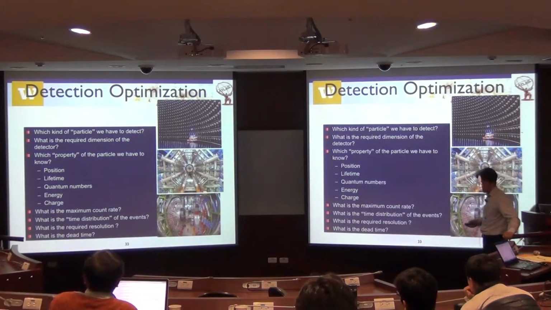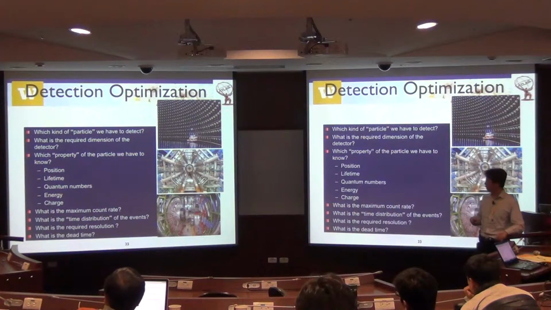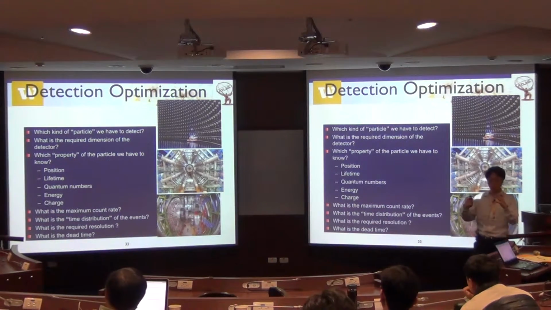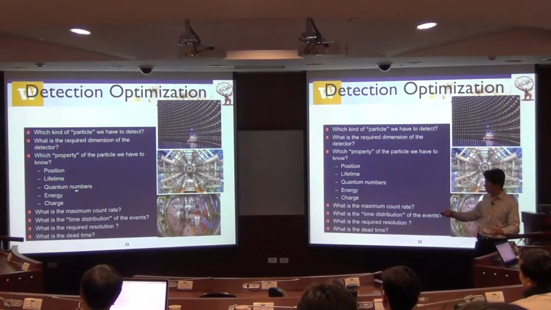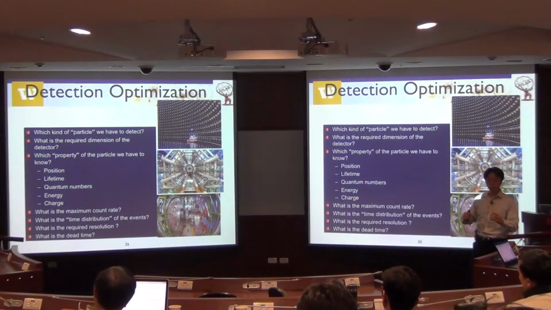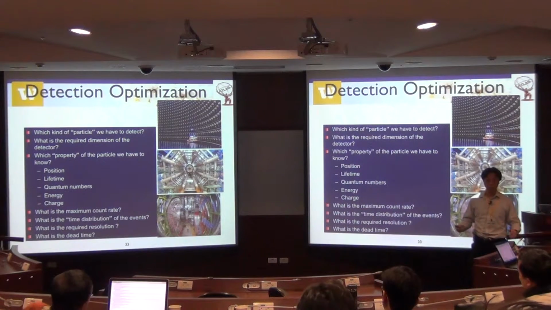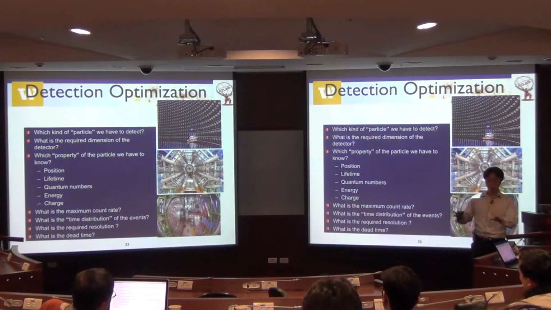Okay, so we mentioned a lot about all different things. But actually, when we experimentally try to do an experiment, we have to ask what kind of particle we have to detect. Because now we learn that for different objects, you need a different technique to detect them. And also, what's the property you care about? Their position, their lifetime, their quantum number, energy, or charge. After all, we define and measure all these stable particles.